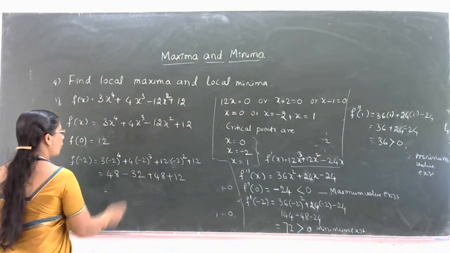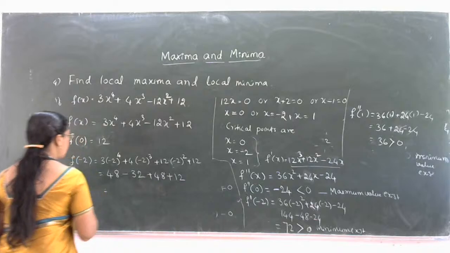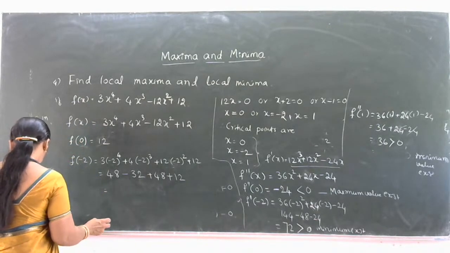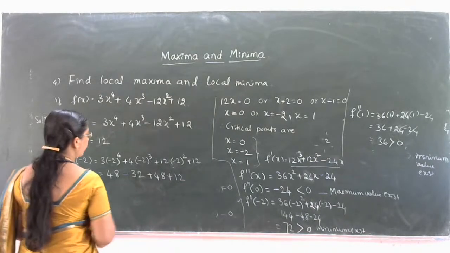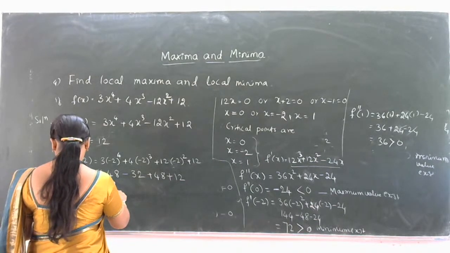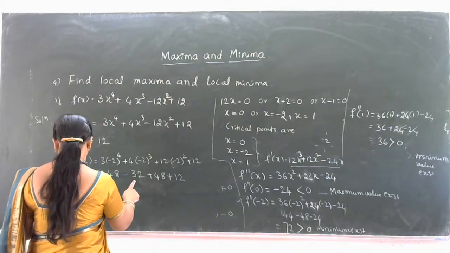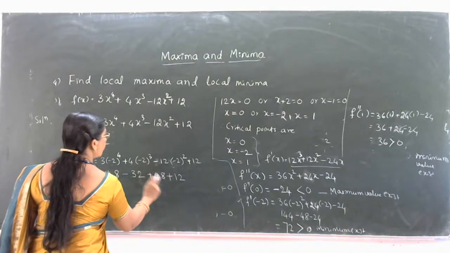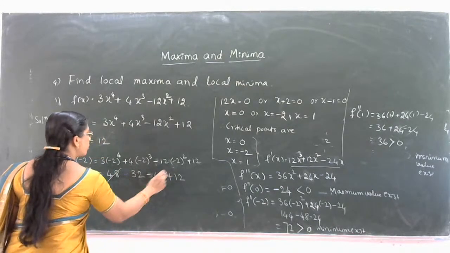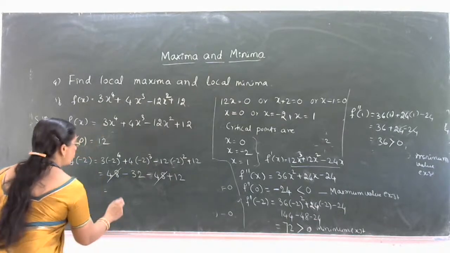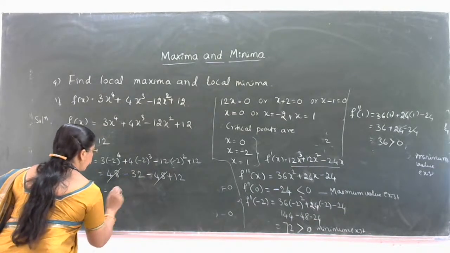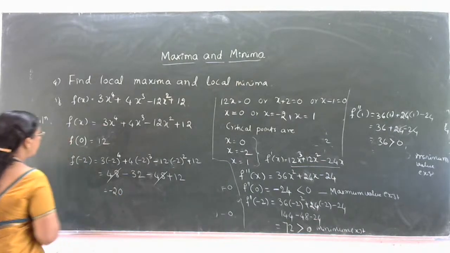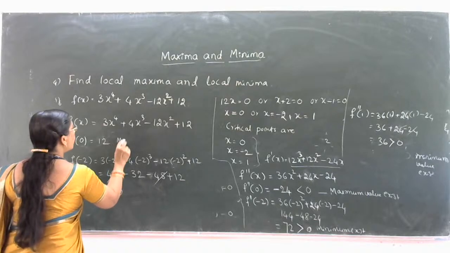We get 48 minus 32 minus 48 plus 12, and the answer is minus 20, which is the minimum value.